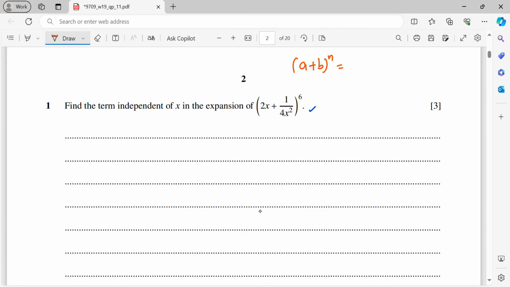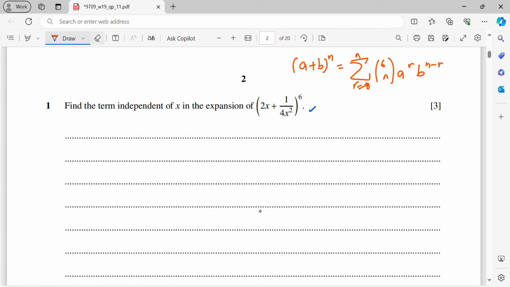So for your information, this binomial expansion can be written as summation r from 0 to n, nCr, a to the power of n minus r, the first term to the power r, then b to the power of n minus r.